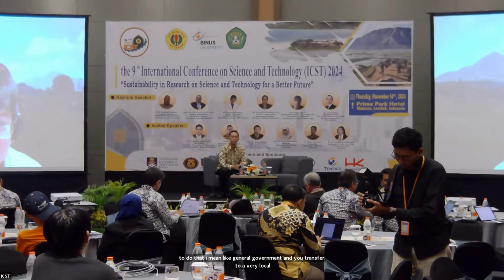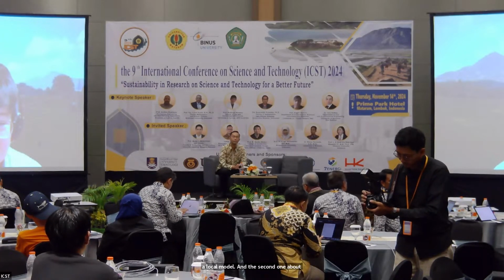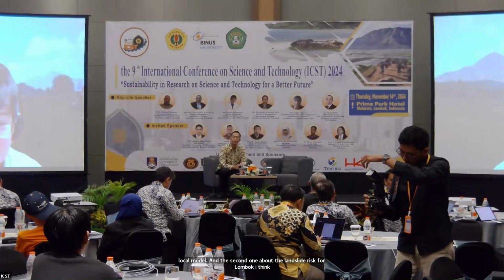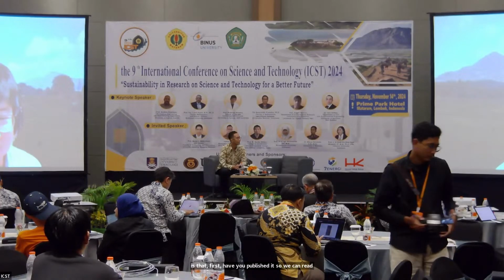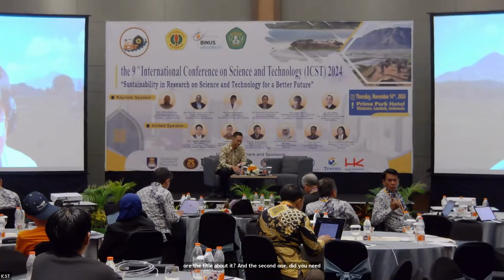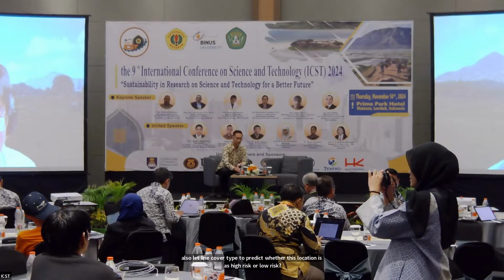And the second one is about the landslide risk for Lombok. Have you published it so we can read more detail about it? And did you also need land cover type to predict whether this location has high risk or low risk? Okay, that's my question. Thank you for the answer.